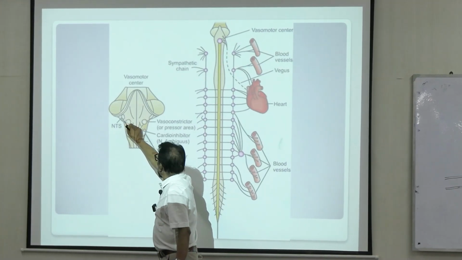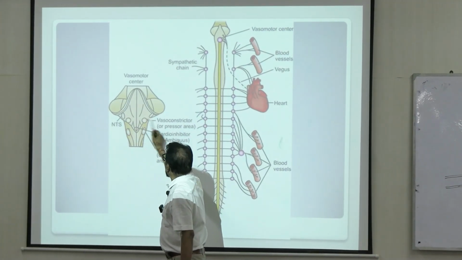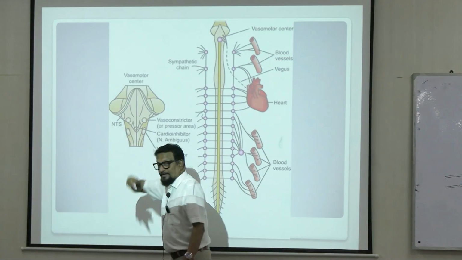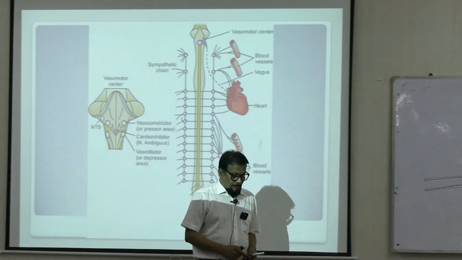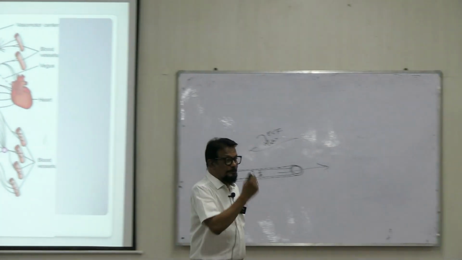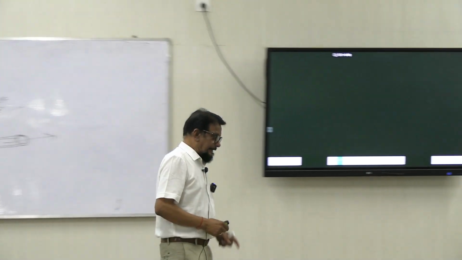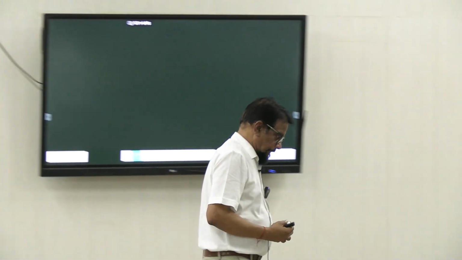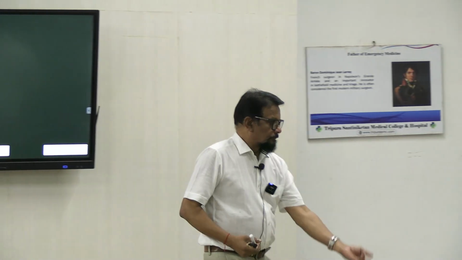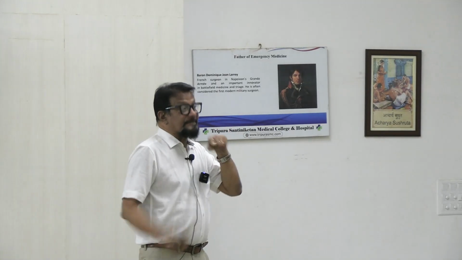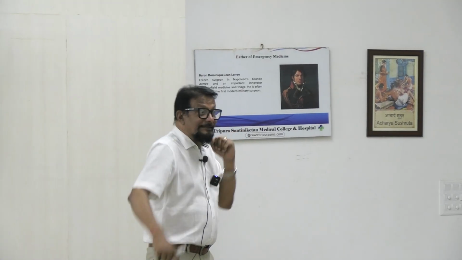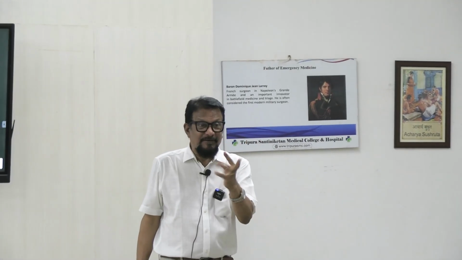This is the depressor area, this is the pressure area. How will they act? They will act through efferents. And they must have an efferent part, that is, they must have some reflex part.